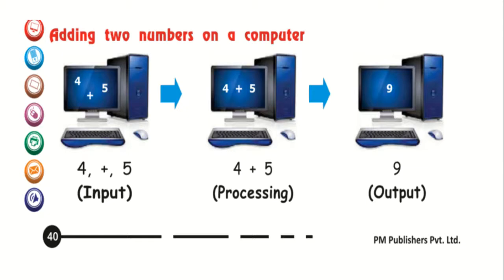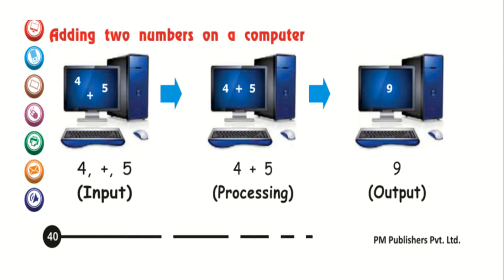What you will do? You will type number 4, then you will press the button with plus sign and then you will press the key with number 5. This is input. Then what happens?